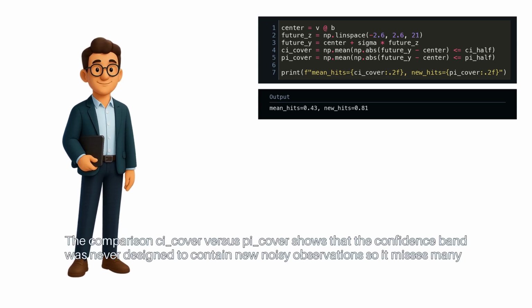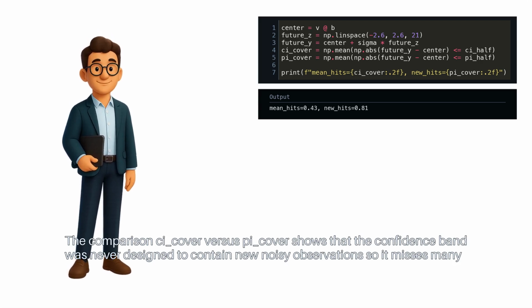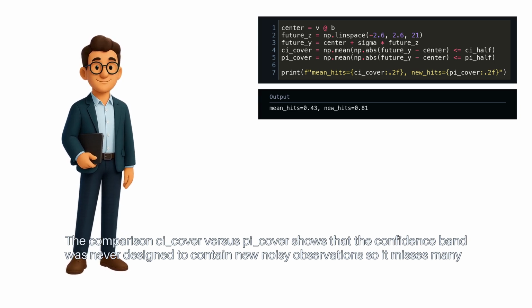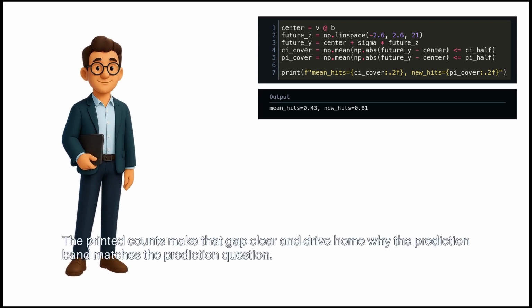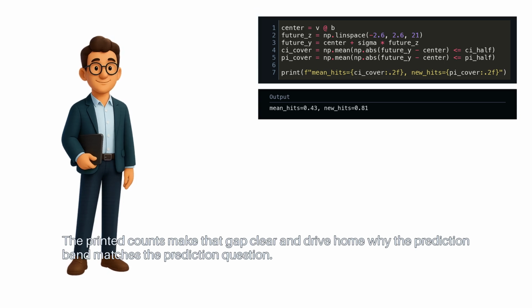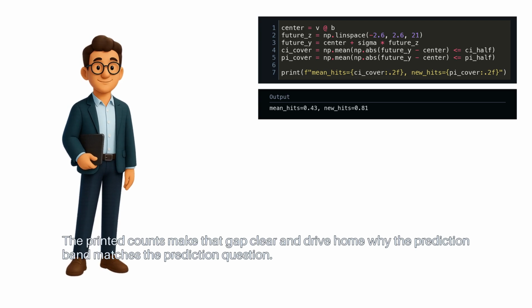The comparison CI cover versus PI cover shows that the confidence band was never designed to contain new noisy observations, so it misses many more cases here. The printed counts make that gap clear and drive home why the prediction band matches the prediction question.